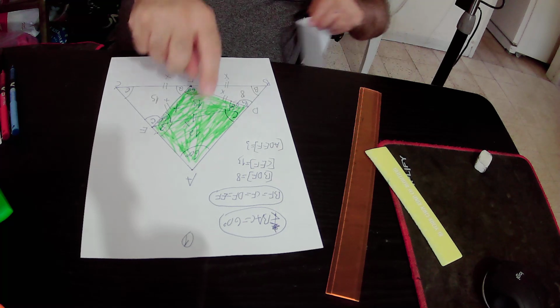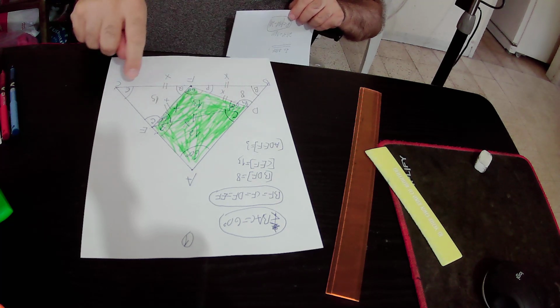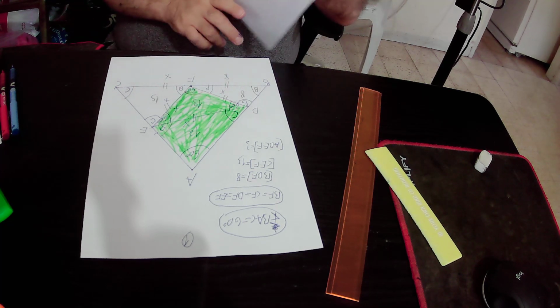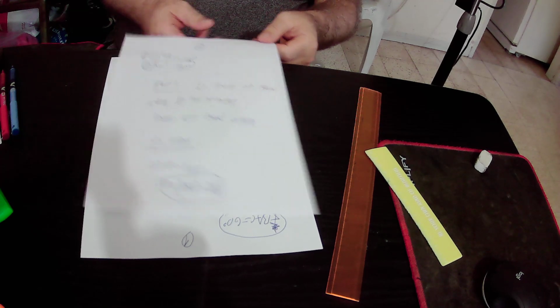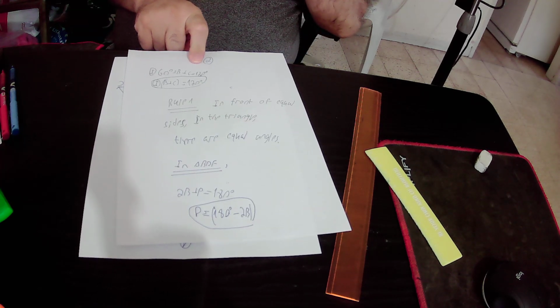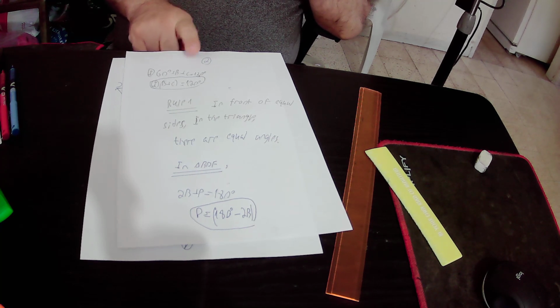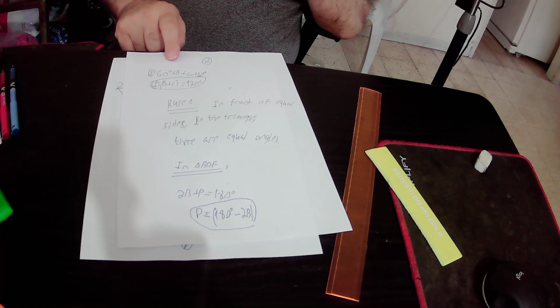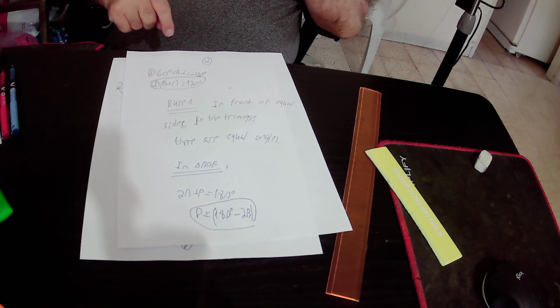That is to say, 60 degrees plus angle B plus angle C must be equal to 180 degrees. We subtracted 60 degrees from this equality and we got that B plus C equals 120 degrees.